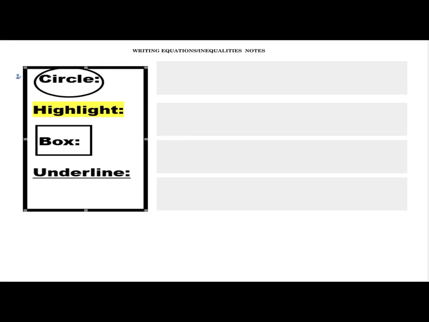For every word problem, we're going to circle the unknown. We're going to find our variable or our number. What is the question looking for? Okay.